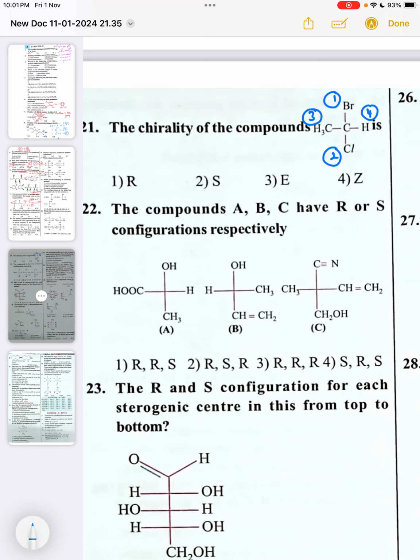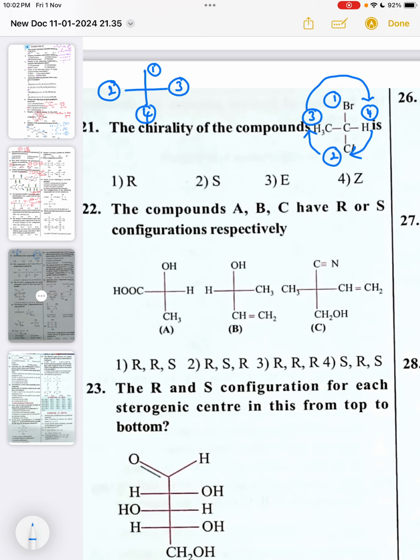Okay, so in giving the RS nomenclature, always the least priority group should be in the bottom position. That means you have to write 4 at the bottom, then shift this 2 here. Don't change the position of 1, just change the position of 3 to the rightmost part, so that you will get like this. Here 4th, 2 shifted to left side, 1 as it is, and 3 shifted to extreme right.